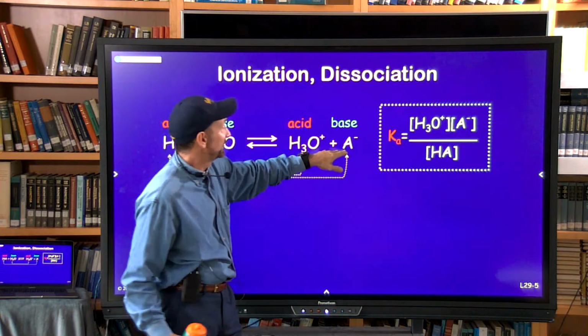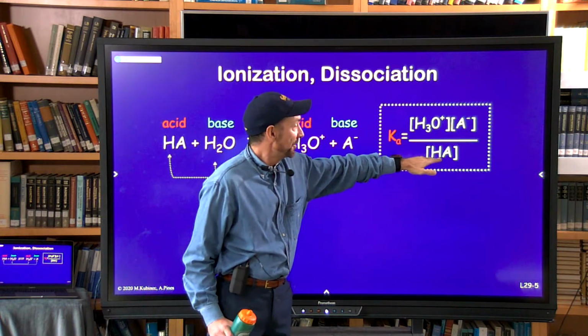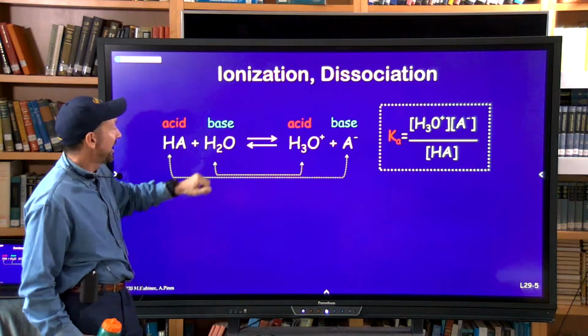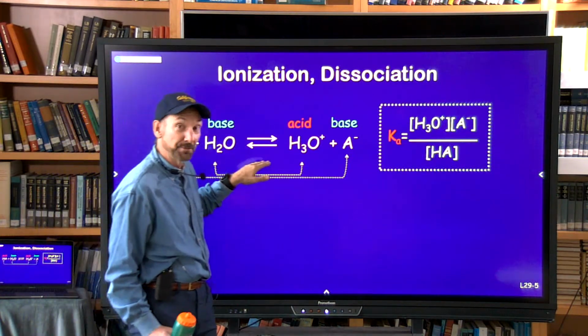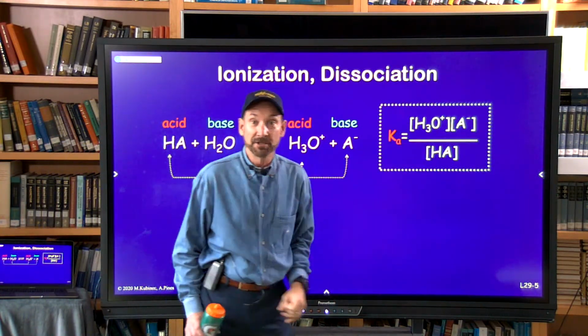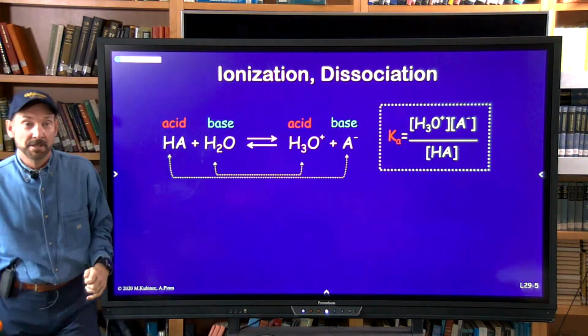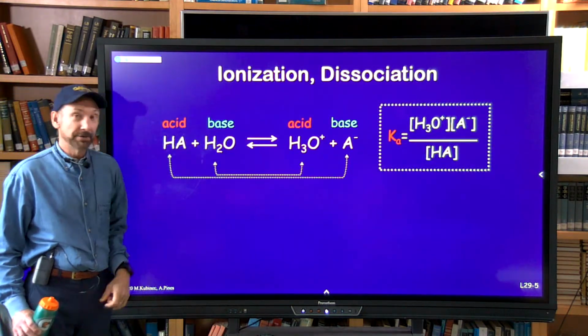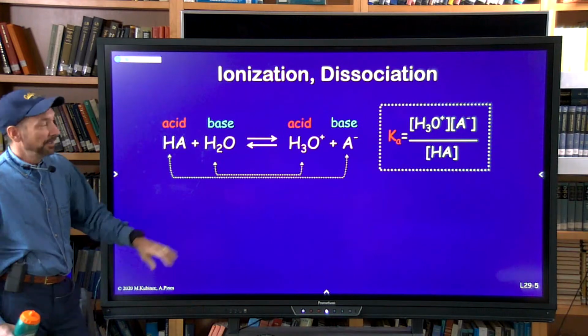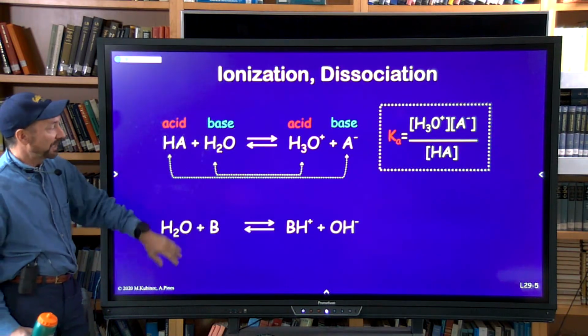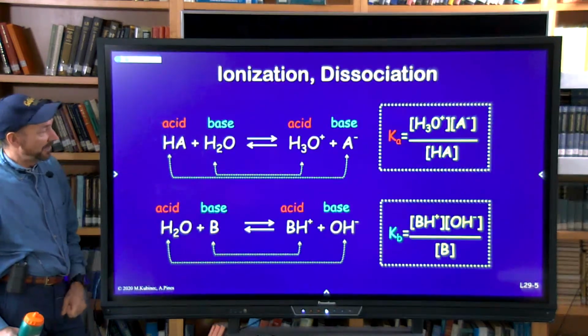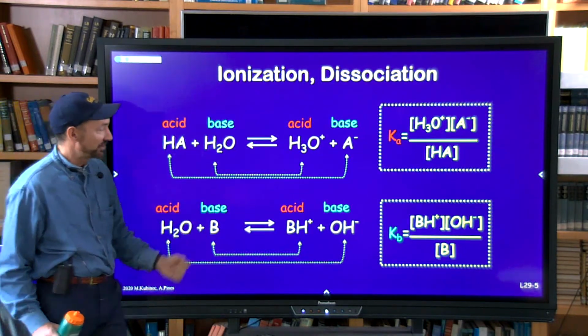It leaves behind an A minus. The reactants are the HA and water, but water is a pure liquid and does not appear in the equilibrium expression. So we're back to well-known territory, equilibria, with a different context of acids and bases, proton exchange reactions.